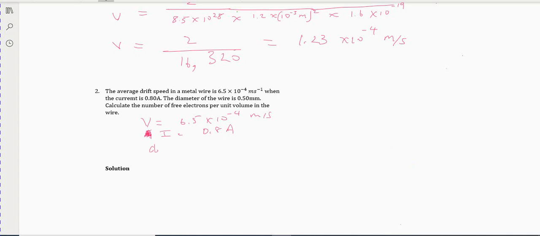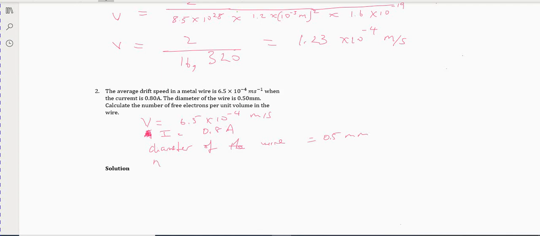Now we know the diameter of the wire, which is 0.5 millimeters. What else do we know? We don't know anything else for now. All right, so they want us to find N.